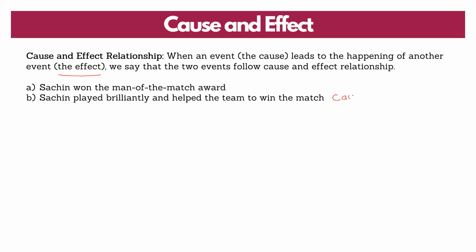B is the cause, because he played brilliantly and helped the team win the match, he got the Man of the Match award. So one event, playing brilliantly and helping the team win, is leading to event two. That is what we mean by cause and effect relationship.